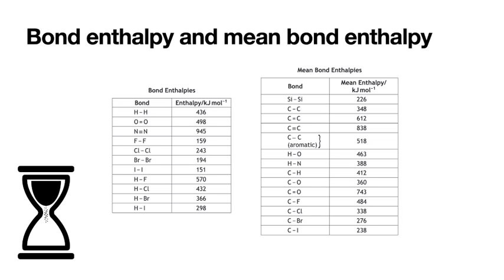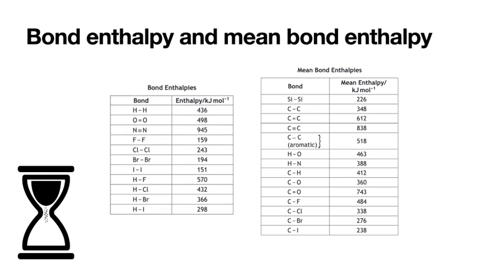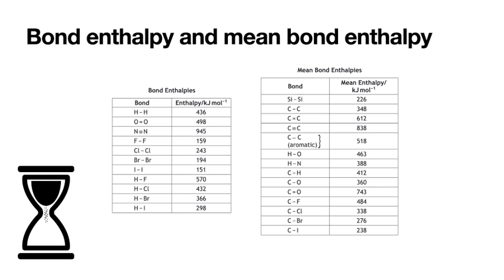The values for bond enthalpies are found on page 10 of the databook. You'll notice that 2 tables are given. One table is given for bond enthalpies, the other for mean bond enthalpies. Why is it that for some bonds the bond enthalpy is given and for others the mean bond enthalpy is given?